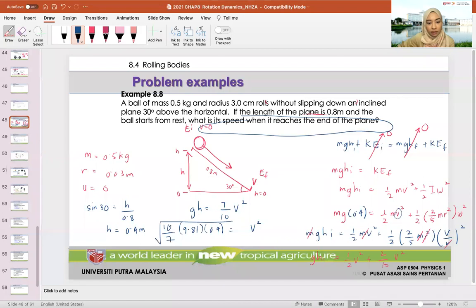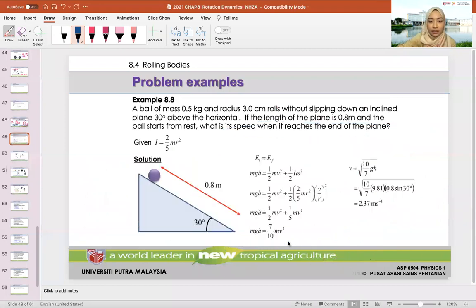Square root that, I will get my V. Don't know what that is. Can someone calculate that for me? What is V? 2.37. 2.37 meter per second. Okay, hopefully betul. Saya tak tahu. Let's see. 2.37. Yay, we got it.